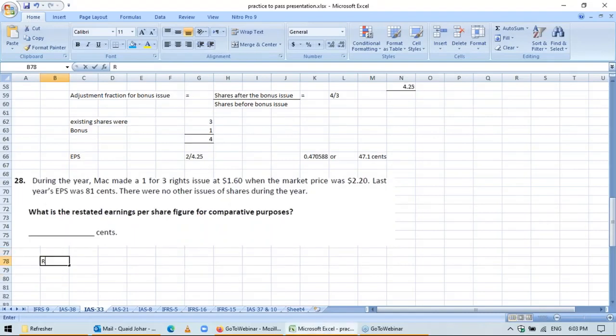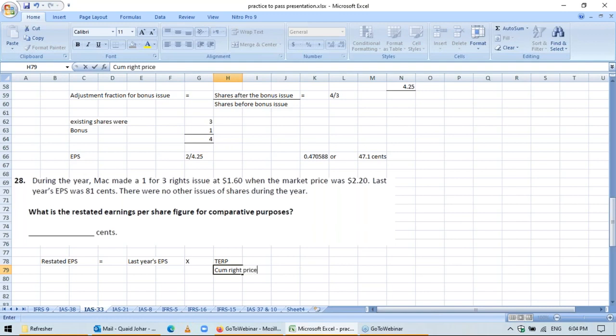The formula for restated EPS in case of right issue is last year's EPS multiplied by the theoretical ex-right price divided by the cum-right price.